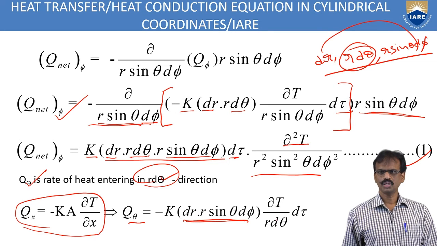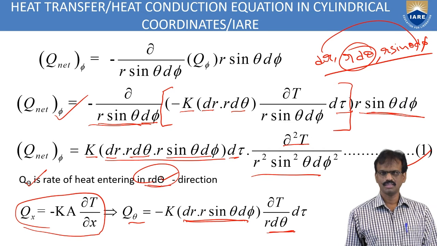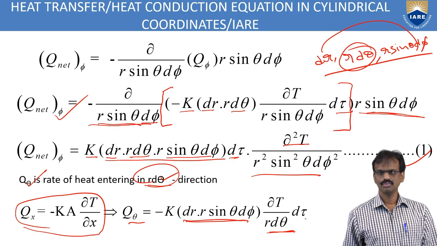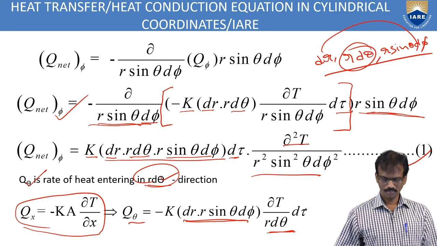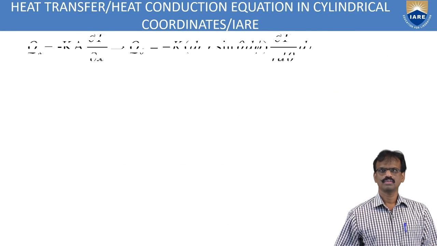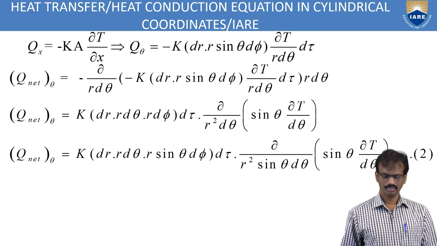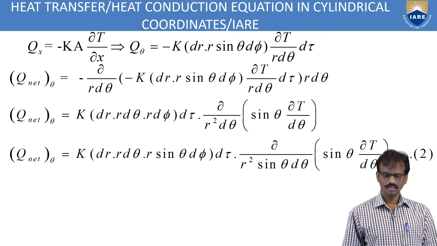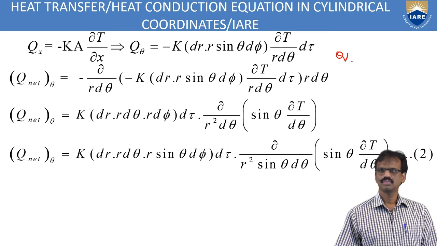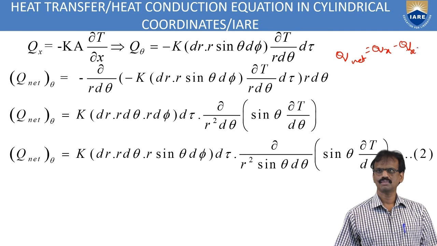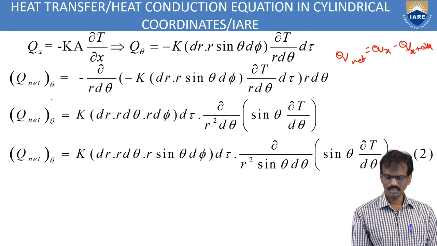Into dou T by r d theta. So with respect to this surface, just like dy, r d theta into d tau. Okay, so in a similar manner, next is q net. So q net is equal to, just like qx minus qx plus dx, I am writing directly here.